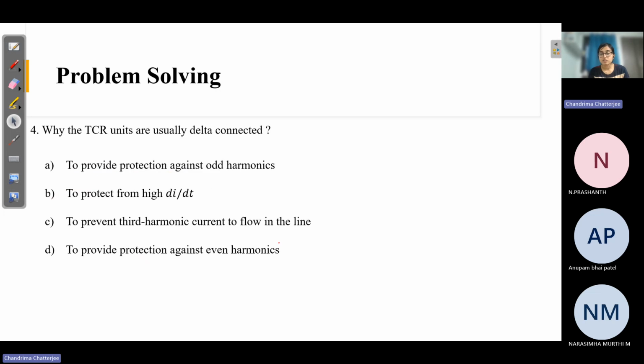So for each phase, there will be one TCR unit like this, and they are delta connected like this.